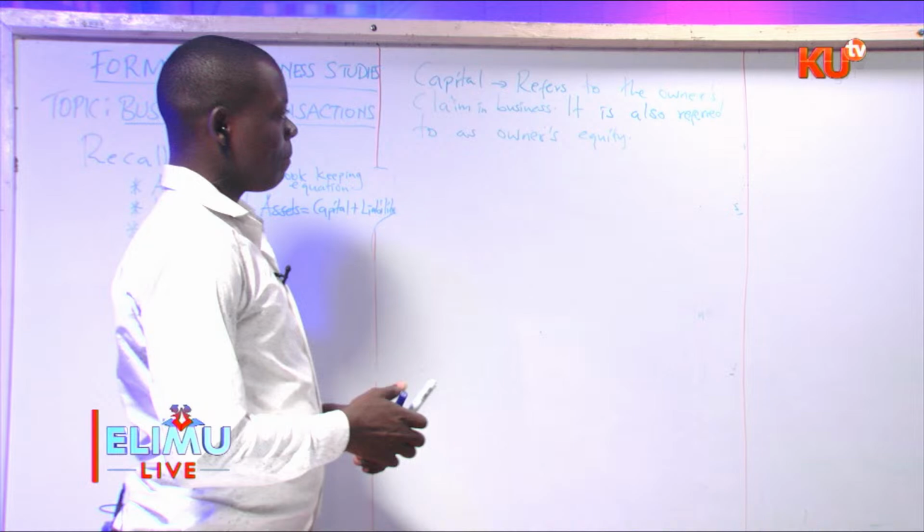We add additional investments, and subtract drawings if there are drawings, or losses if there are losses. That is the formula for attaining the closing capital, or the capital at the end of the trading period. We take the initial capital plus the profits plus additional investment, and we minus losses.